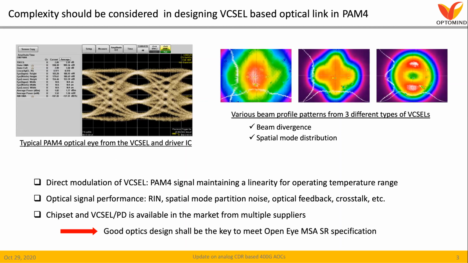Direct modulation of a VCSEL for a PAM4 signal requires maintaining linearity over the operating temperature range. PAM4 optical signal performance is influenced by various parameters, including RIN, spatial mode partitioning noise, optical feedback, and crosstalk. We should consider how these parameters can be minimized in optics design.